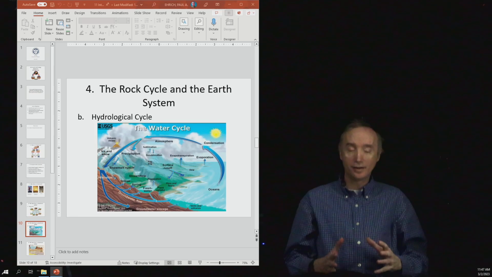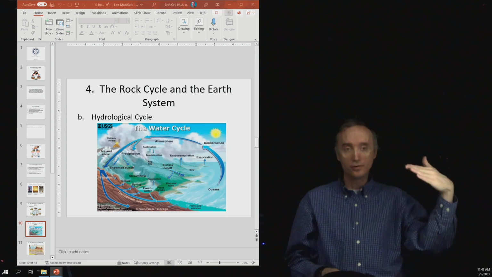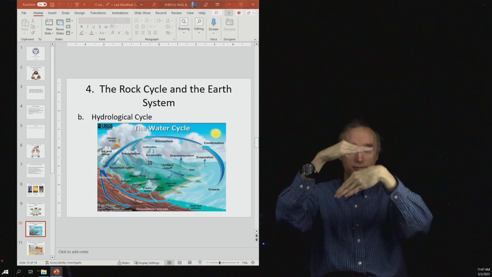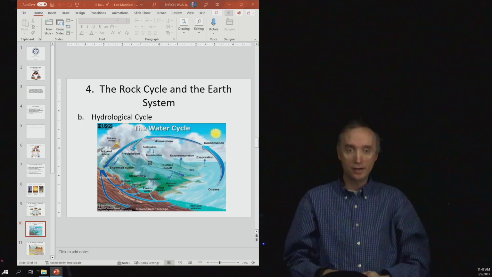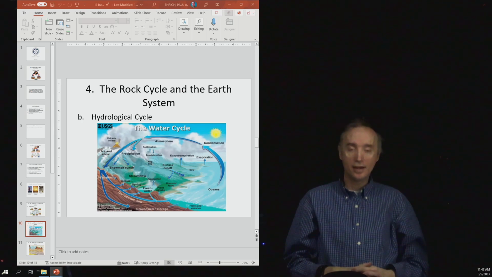And then finally, one more path: the water in the oceans could get into the rocks on the ocean floor, and those rocks could be subducted underneath the continent, and the plates would melt, and then that water would be released and come back out the volcanoes again. So it's very complicated, and you have different routes that the water can take.